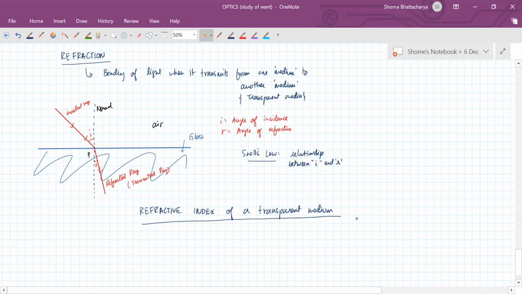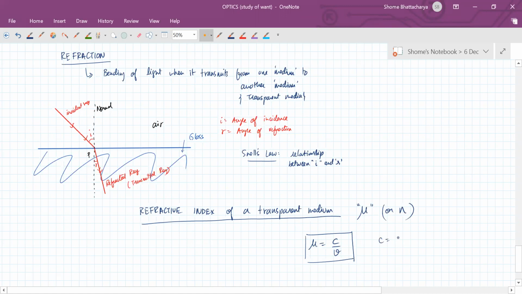So this is generally denoted by the symbol mu, or sometimes you also use the symbol n for it. So mu or n, the refractive index, is defined as the ratio of speed of light in vacuum or air with respect to speed of light in that medium.